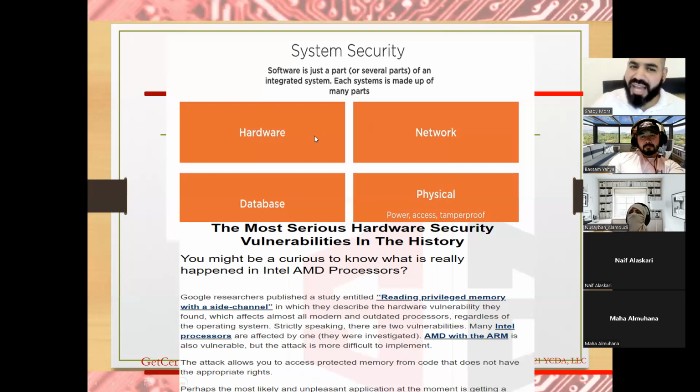Okay, guys? Let me give you a quick diagram. Any IT system consists of hardware. This is going to be our processor, memory, hard drive, all the stuff. So this could be attacked, because it could also come with vulnerabilities.